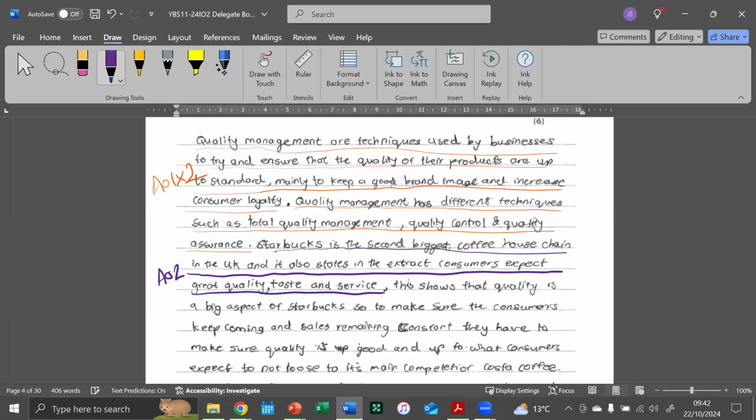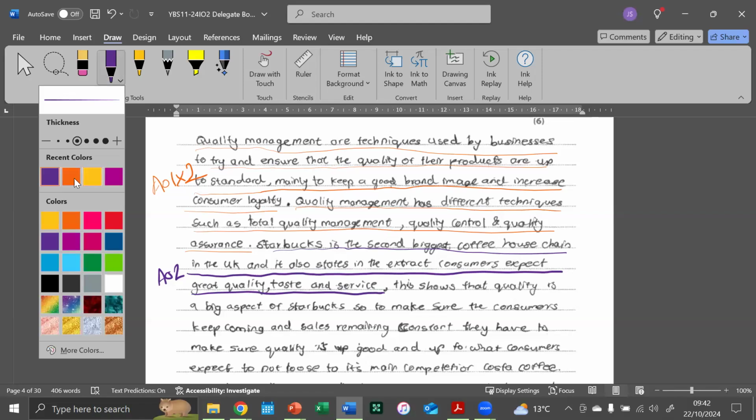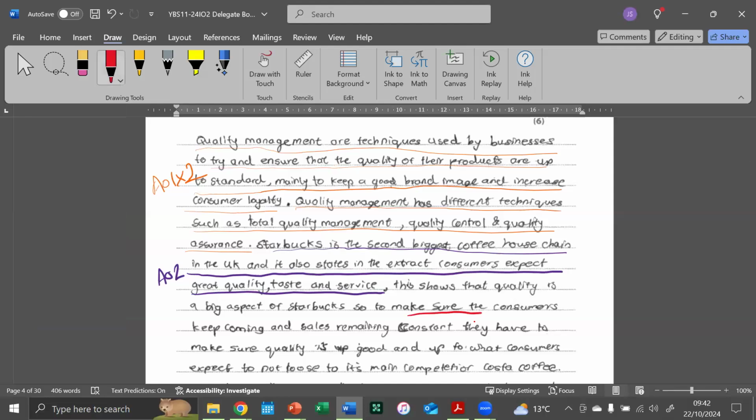This shows that quality is a big aspect of Starbucks, so to make sure consumers keep coming back and sales remain constant. So we're now starting to get some analysis there. So I'm switching to red: keep coming back and the sales remain constant. They have to make sure the quality is good and up to what consumers expect. Okay, so we've got some AO3 there.